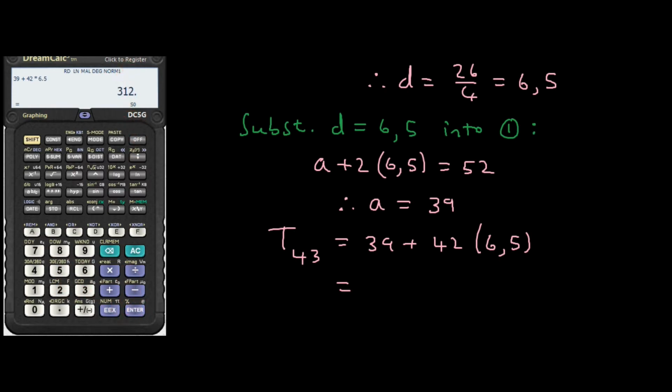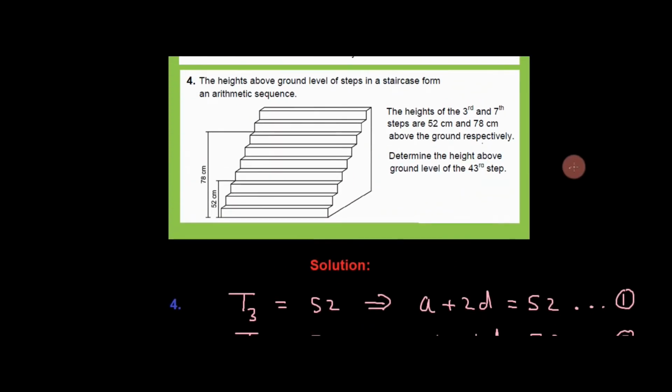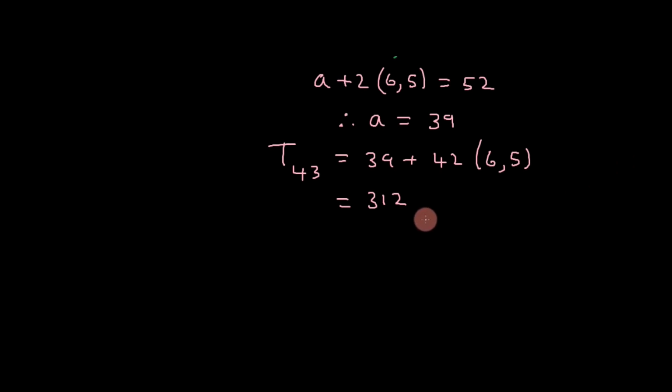And it's 312. So then to answer the question, the height above ground level of the 43rd step is 312 centimeters.